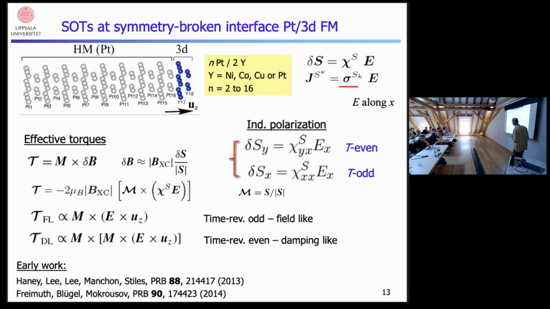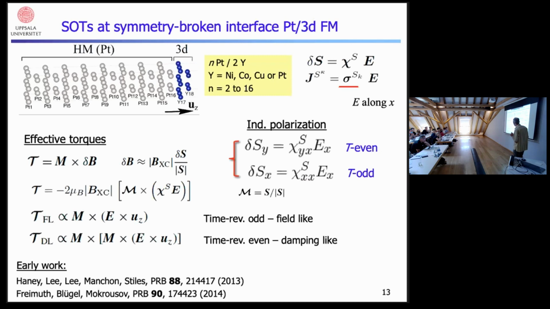Now we can calculate the torque from this. This is the generic expression for torque. Here we do only the spin torque, I have to say, because this is from the exchange field, and the exchange field does not act on the orbital polarization. So we can only work with the spin for the spin torque.